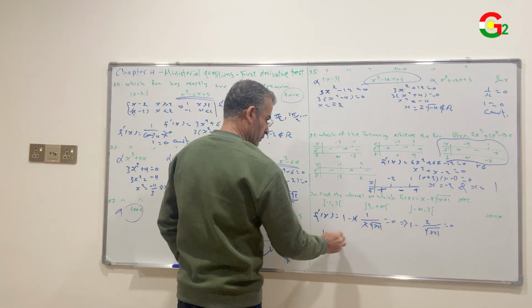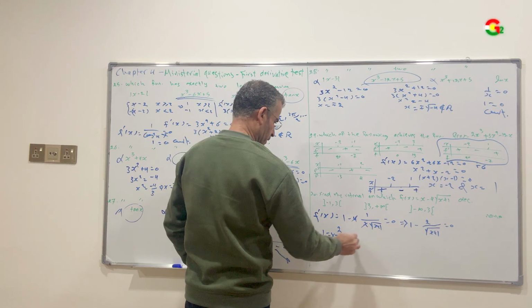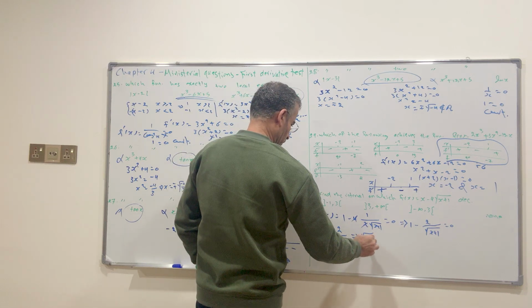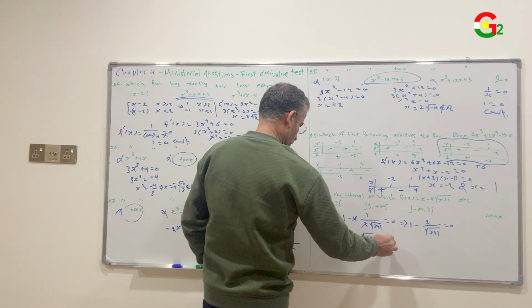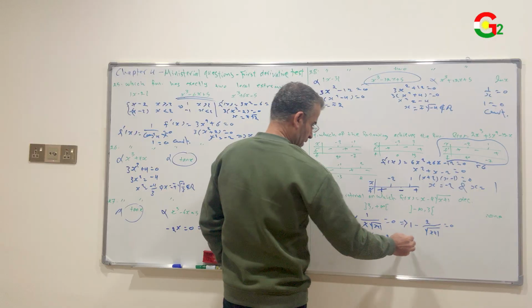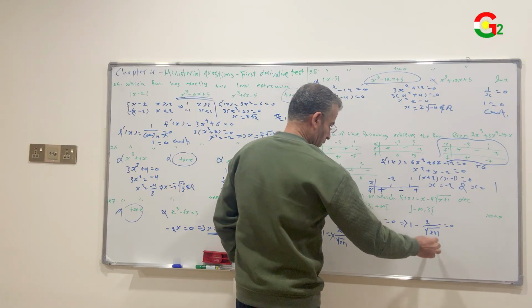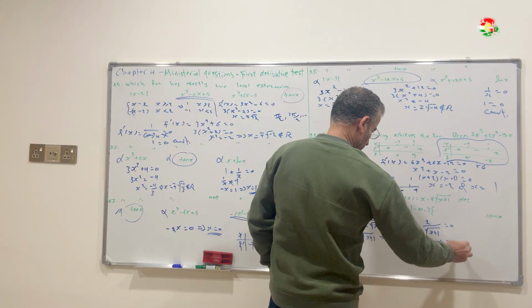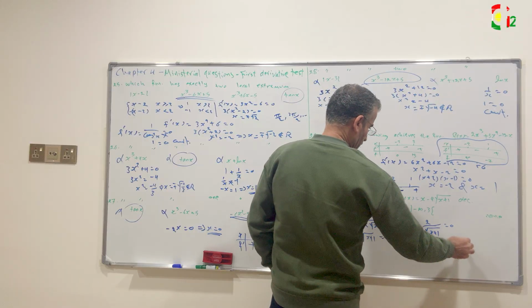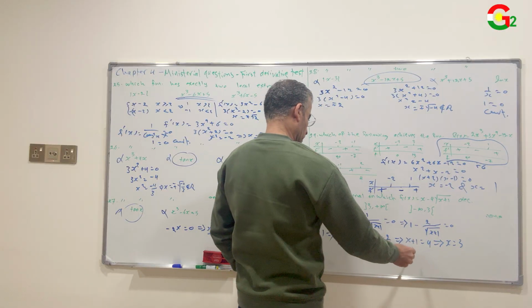Therefore, 1 equals 2 over square root of x plus 1. Cross multiplication. Then square root of x plus 1 equals 2. Square both sides: x plus 1 equals 4. Therefore, x equals 4 minus 1, 3, is a critical point for this function.